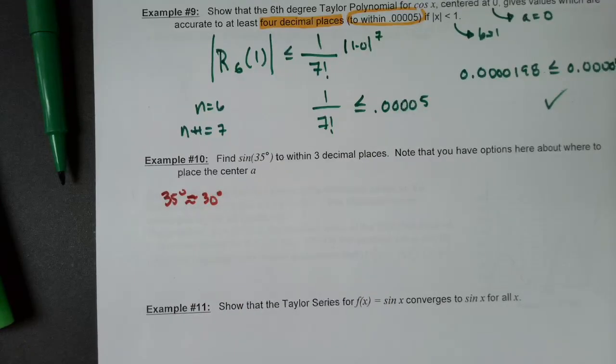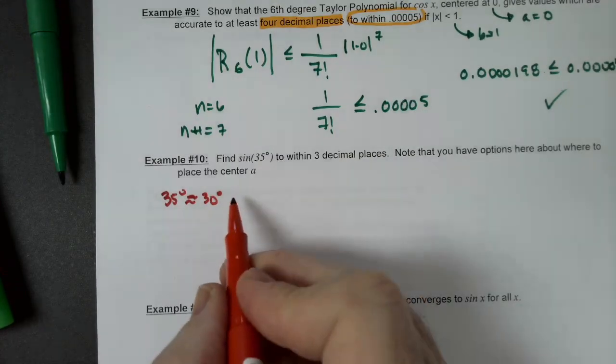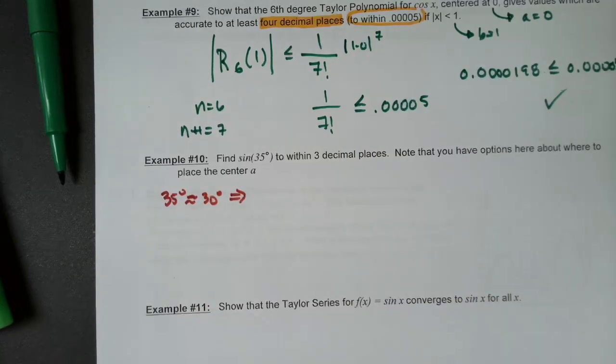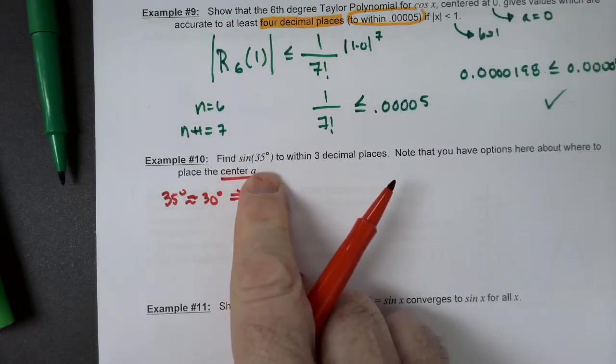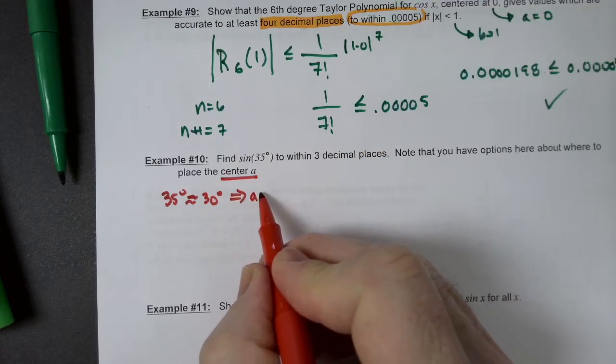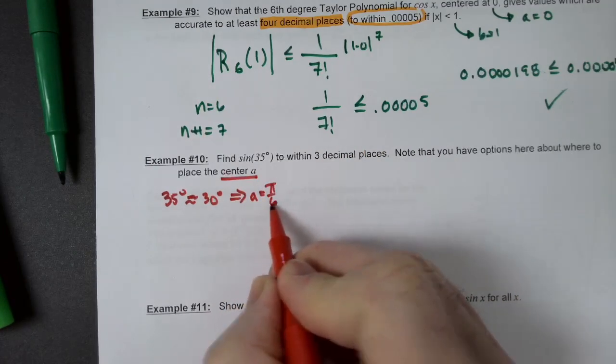And we know in calculus we don't deal with degrees, we deal with radians. Anybody know what radians that would be if we use 30? Pi over 6. So, to estimate 35 degrees, let's use an a value of pi over 6.